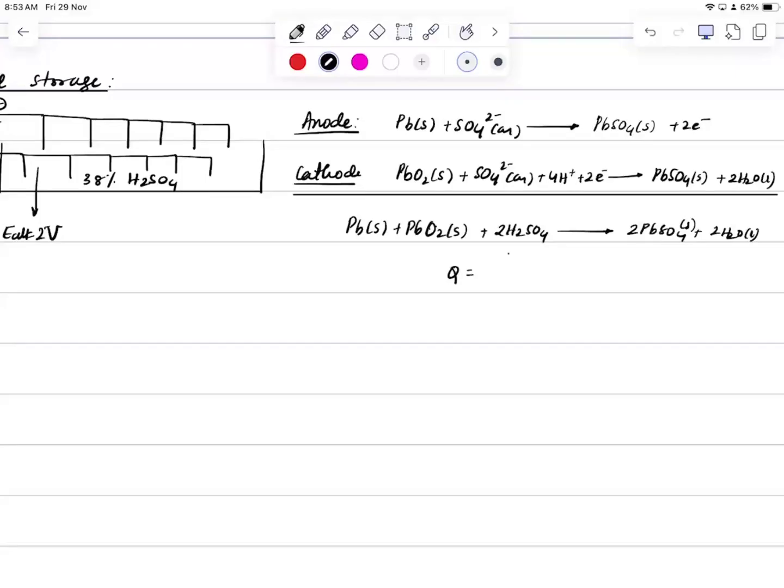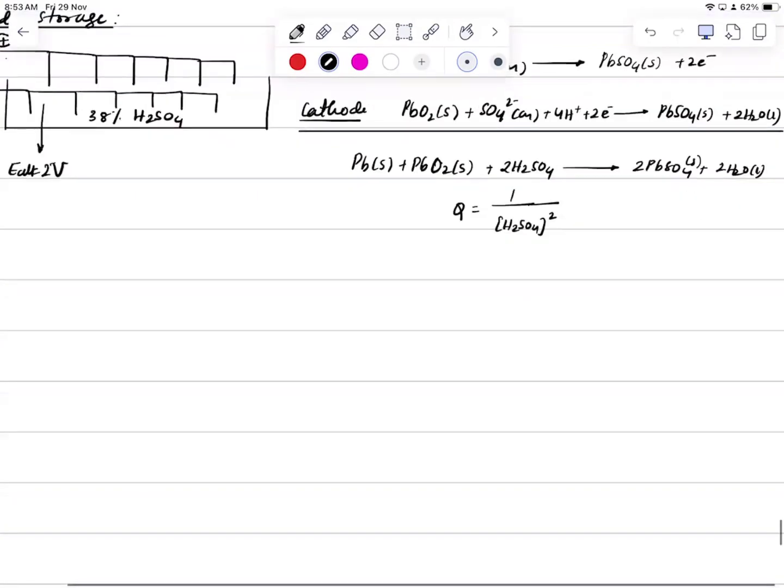So Q will be simply 1 by H2SO4 concentration whole square. Correct? So as long as you have high concentration of H2SO4, Q value will be less. And Q value is less means E cell will be better. Okay.